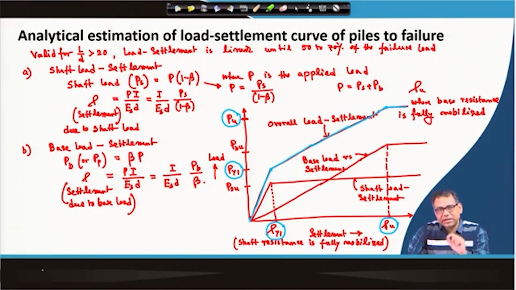So, here when there is a mobilization of the friction, at that time there is also some tip resistance. That tip resistance will not have any effect on the settlement of the pile material. The settlement of the pile material will occur due to the load which is going to the tip, because the load which is going to the friction part will not influence the settlement of the pile material.